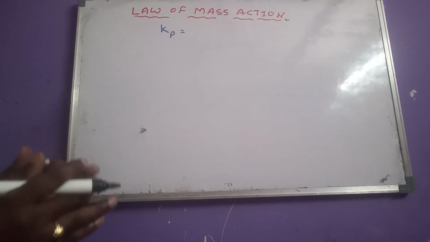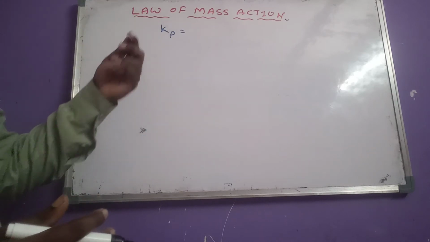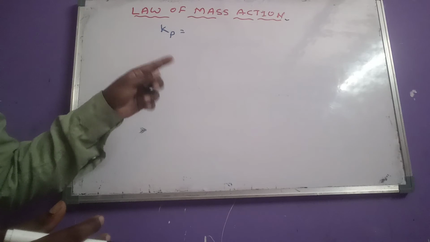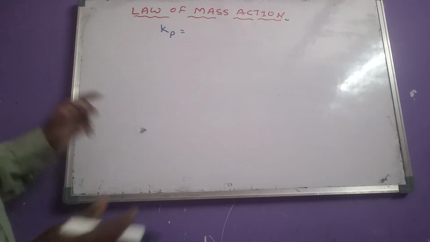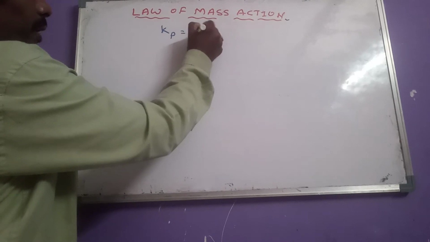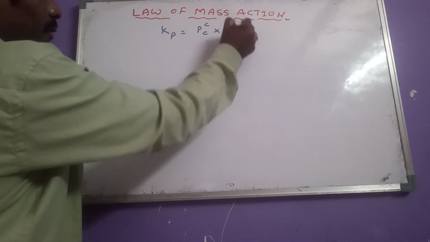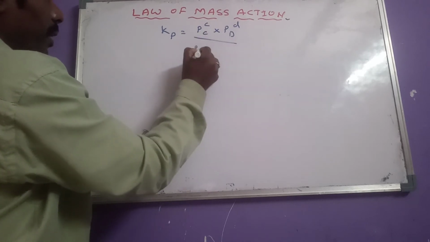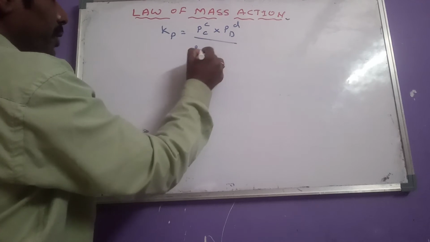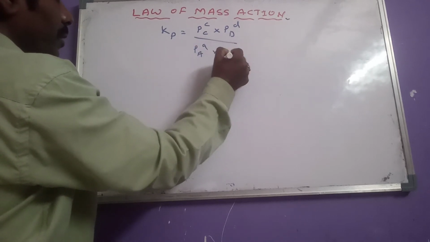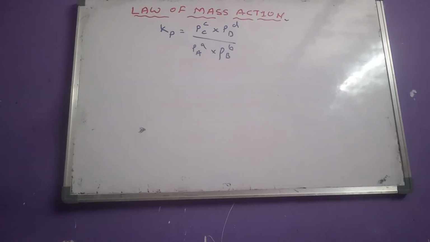Instead of writing active masses in that Kc expression, we substitute them with partial pressures. Then Kp equals partial pressure of C power c into partial pressure of D power d, by partial pressure of A power a into partial pressure of B power b.